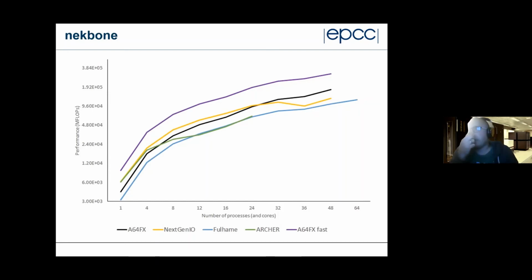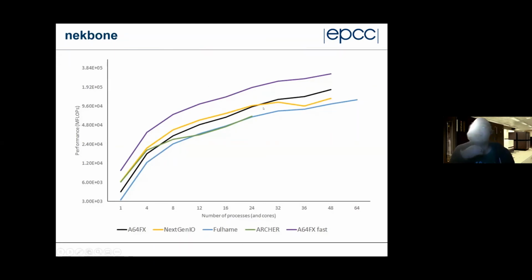Just as an example, we were also looking at performance as we scale up the number of cores in the node, and where the sweet spots are. We can see that the A64FX, the top purple line, the A64FX fast, is significantly faster across the board.